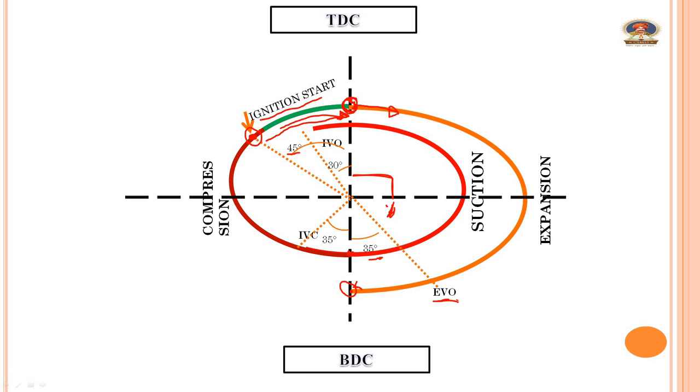If we open the exhaust valve, that high pressure will come out of the engine without any effort by the piston. So that's why we have to open the exhaust valve before the end of the expansion stroke.